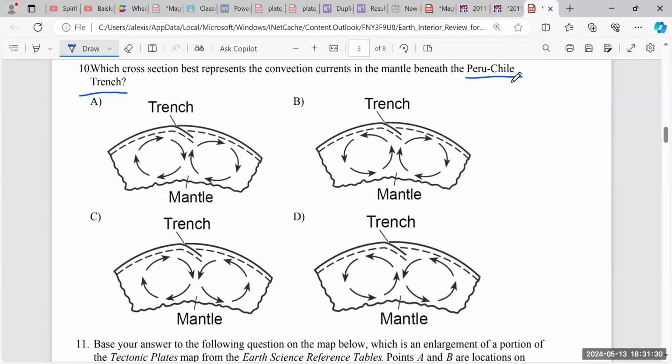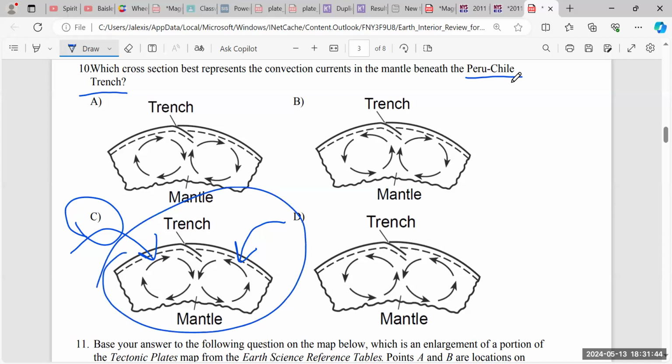And so that's the reason why the best answer is going to be choice C. Look at how the convection currents are located right here as they're moving towards each other. That's why the correct answer is C. They're the only ones where, on the surface, it's actually moving towards each other.